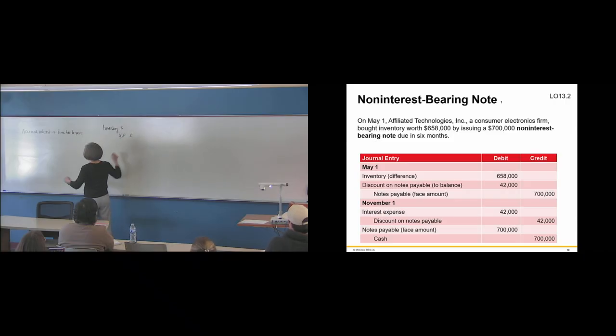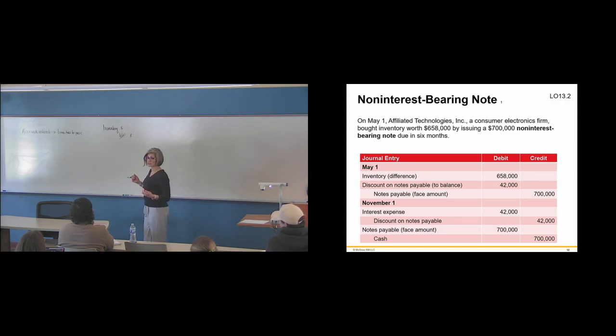But why not accounts payable here? Because accounts payable is typically how many days? 30. And this is 6 months. Right, so that's a little too long for an accounts payable, right? And even though it says non-interest bearing, there is interest that is associated with this. And I'll talk about that here in a minute.